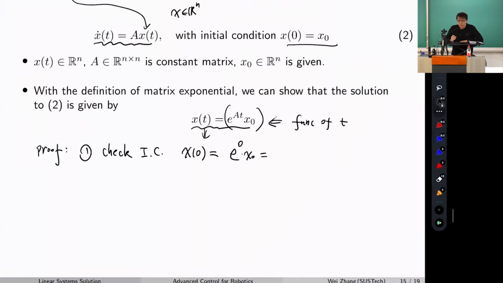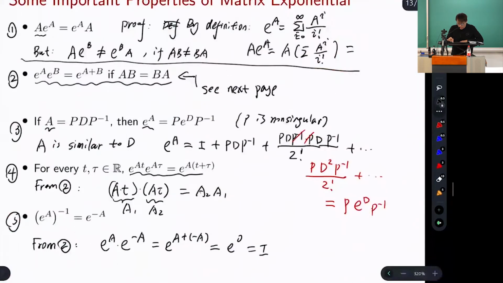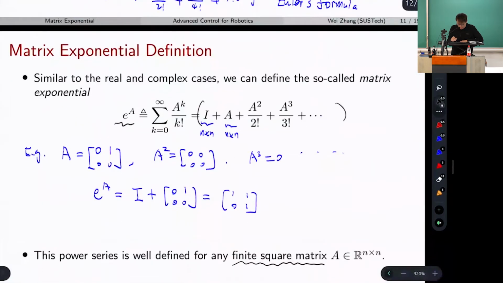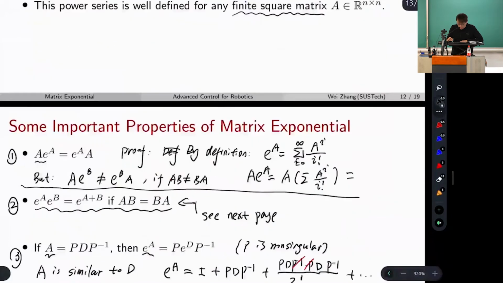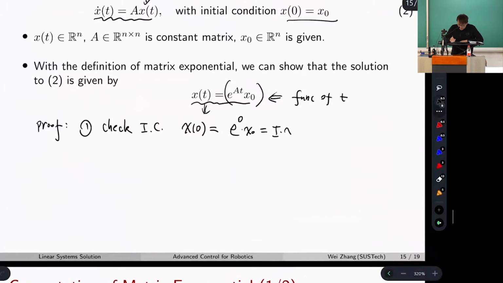E to the 0 is the identity. Why? Plug in 0 into the definition, and you get the identity. So this will be identity times x0, which is x0. So it satisfies the initial condition, of course.